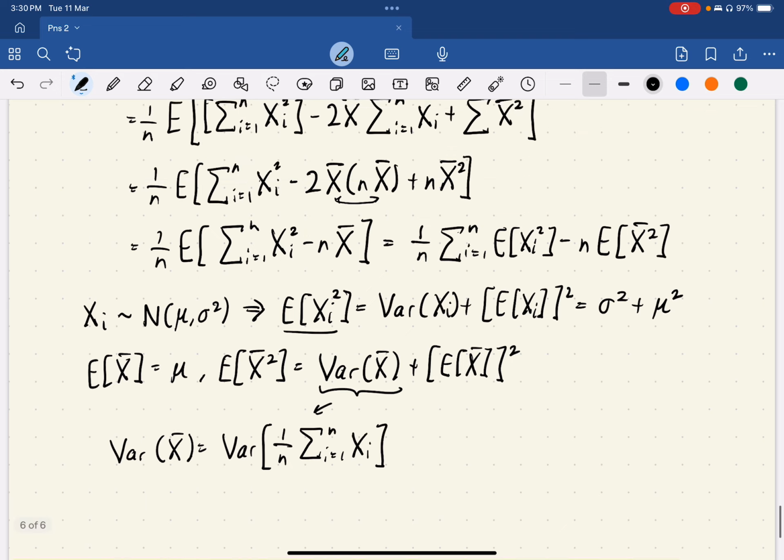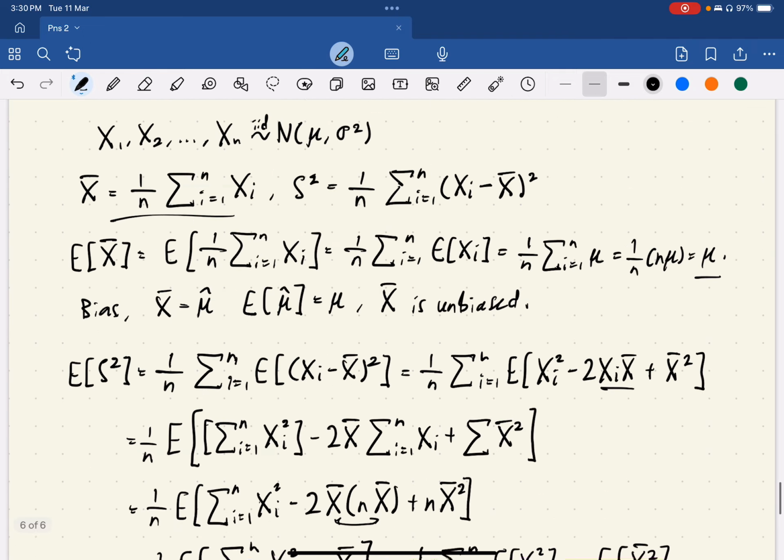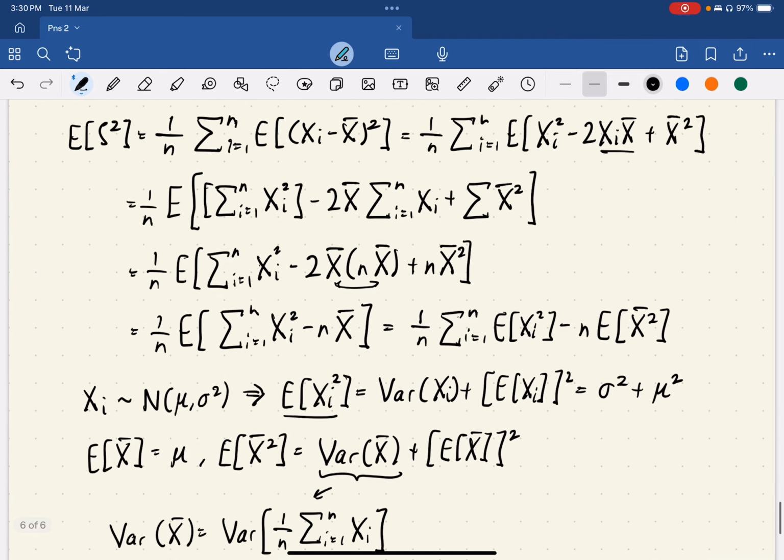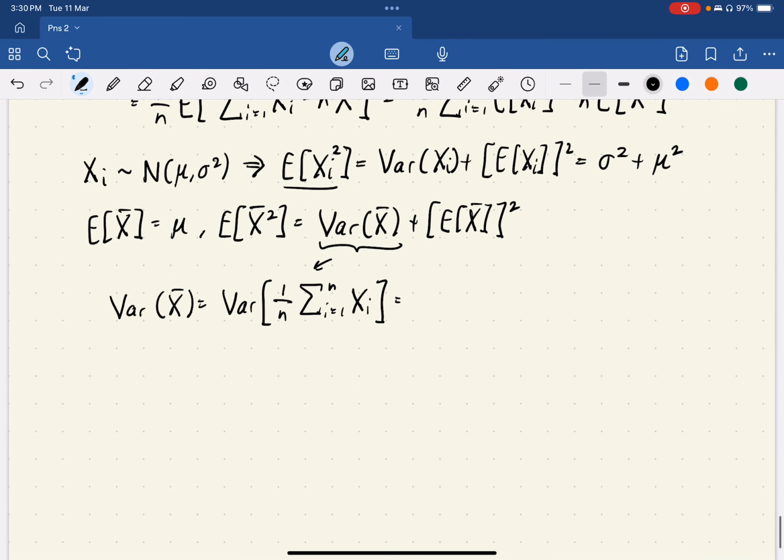Since we follow the same IID assumption, we can simplify this. For variance, we can bring the 1 over n outside, but it becomes 1 over n squared. Then we take the sum of the variances of xi.